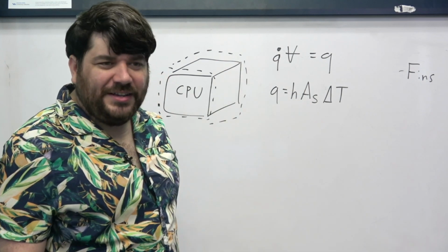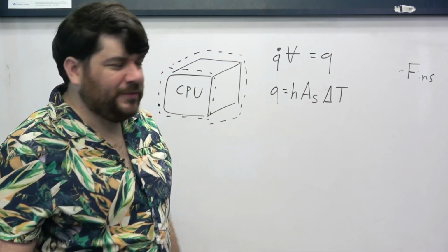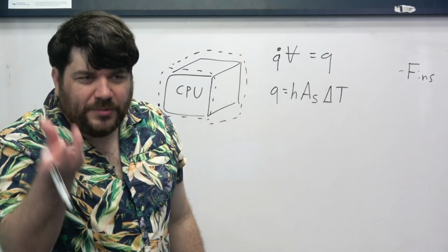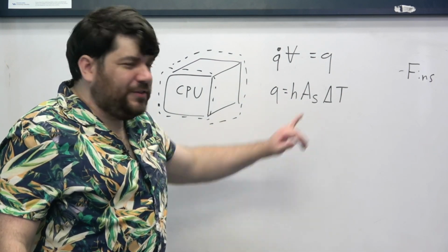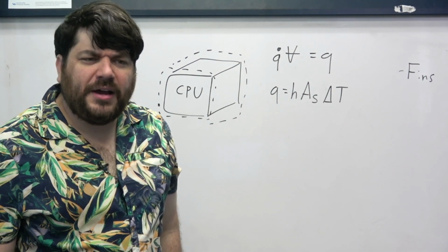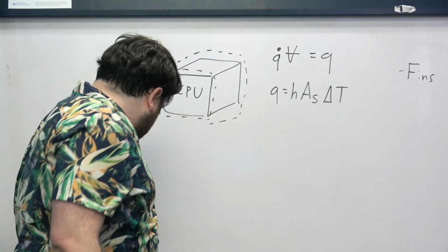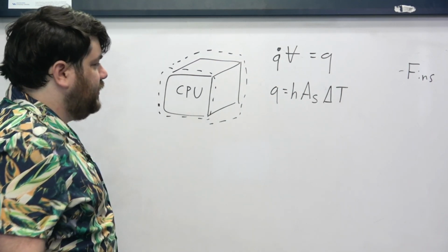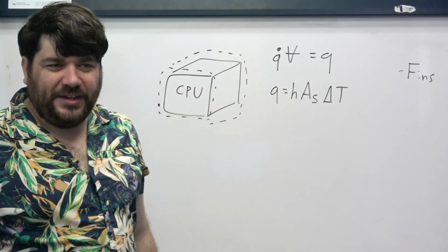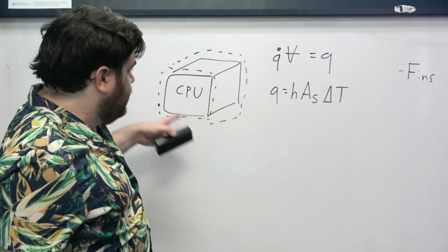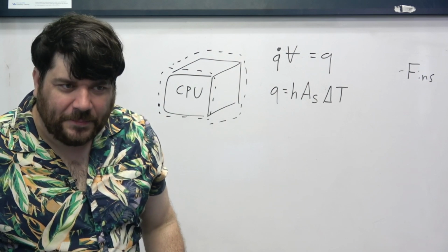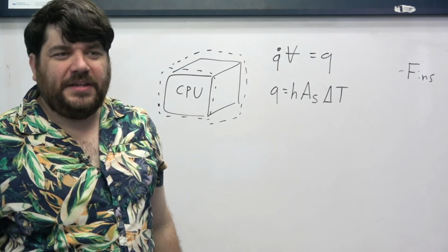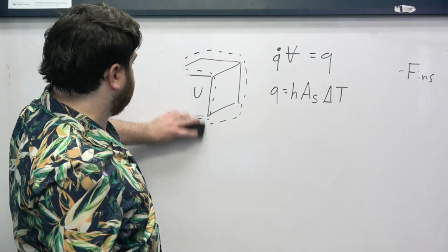What I really want to focus on is something easy, something simple, something that we, for the moment at least, know that we can change, which is the surface area. So how could we do this? Well, the important thing to note, right? If we increase the surface area of contact between this CPU and the environment, then the heat transfer rate should go up.